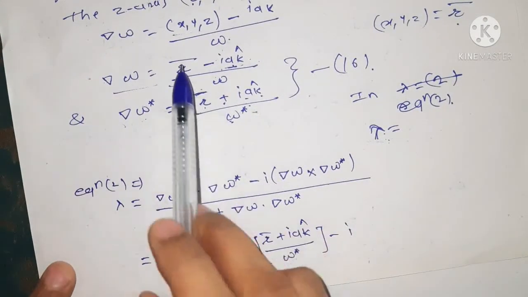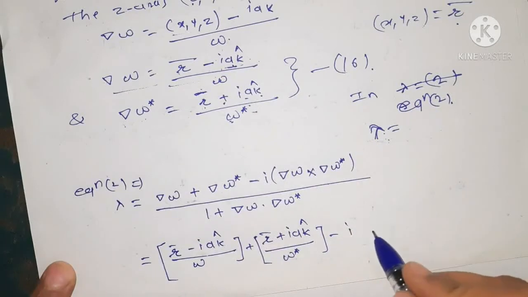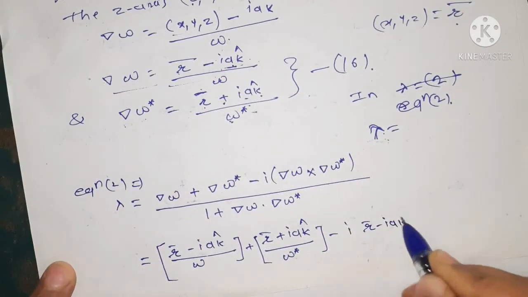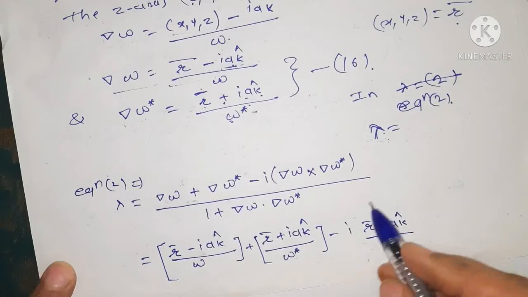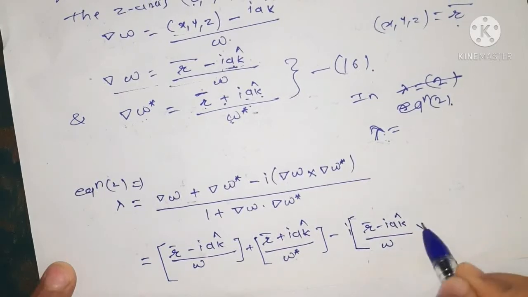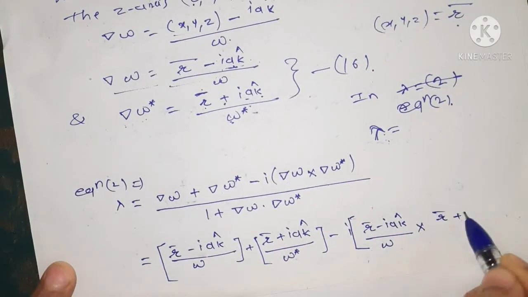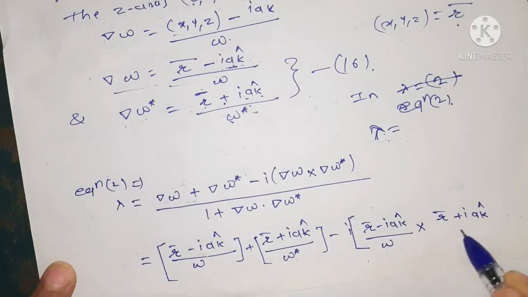So we take the cross product of these two terms: r bar minus i a cap upon omega, cross r bar plus i a cap upon omega star.